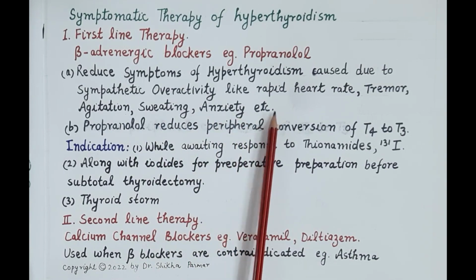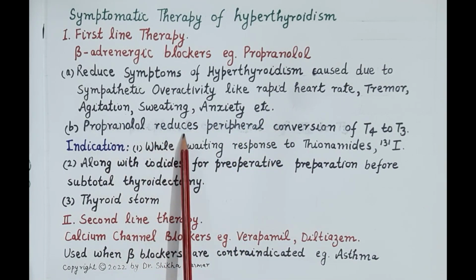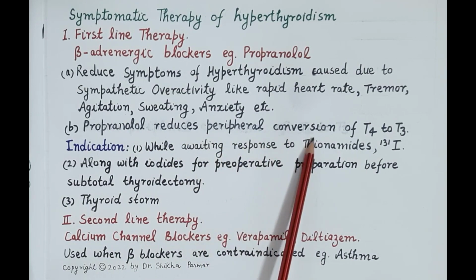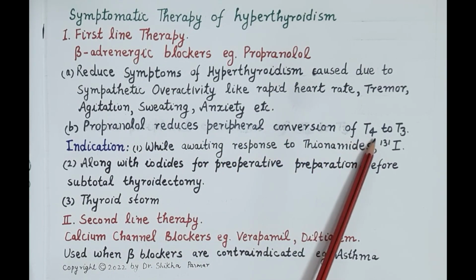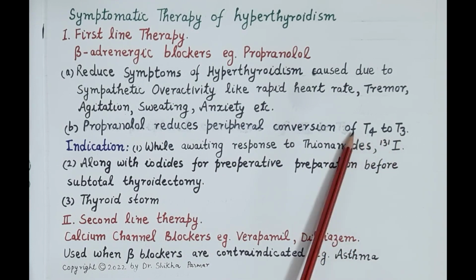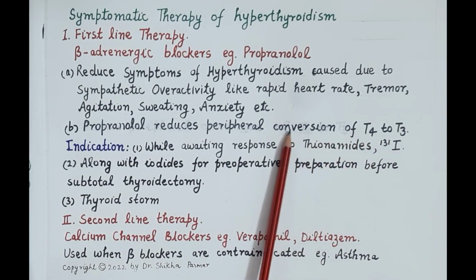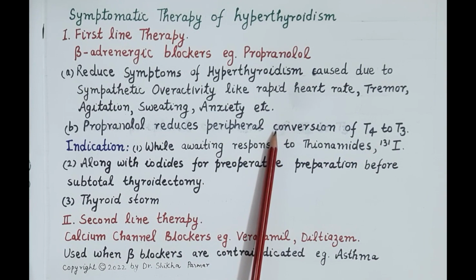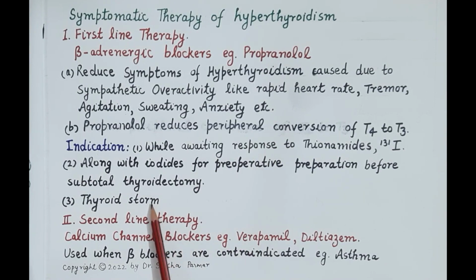In addition to this, propranolol also reduces peripheral conversion of inactive T4 to T3. Because of this, propranolol is very fast acting, and it is also preferred in the management of thyroid storm.